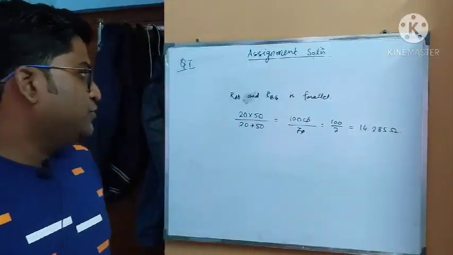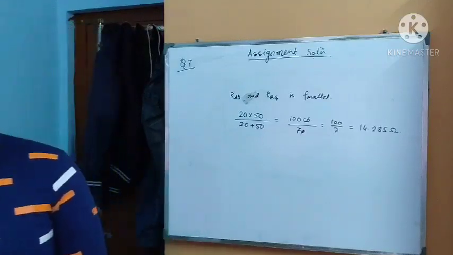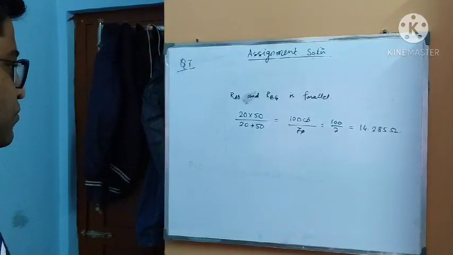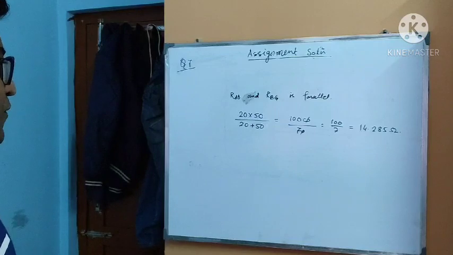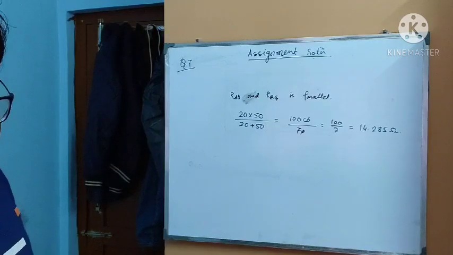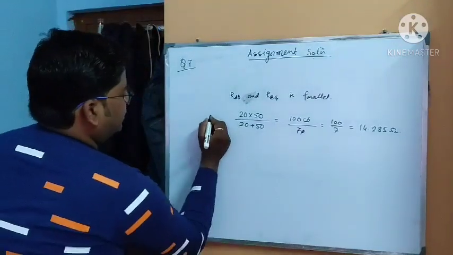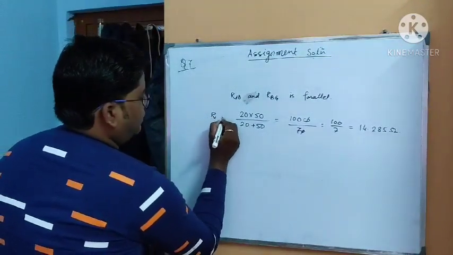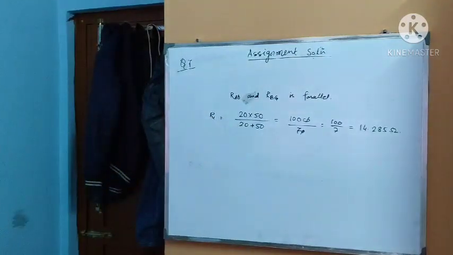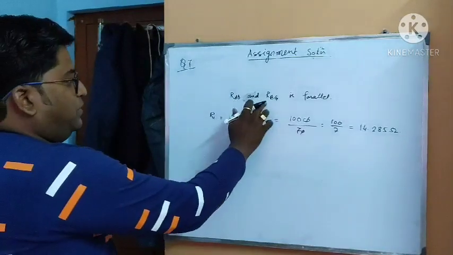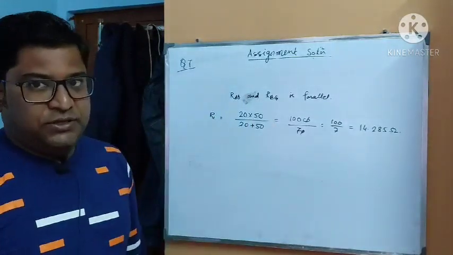So this is the combination of resistances RAB and RBG. Now we consider this as R1. So R1 is the parallel combination of RAB and RBG.